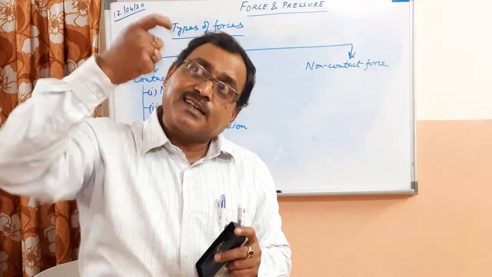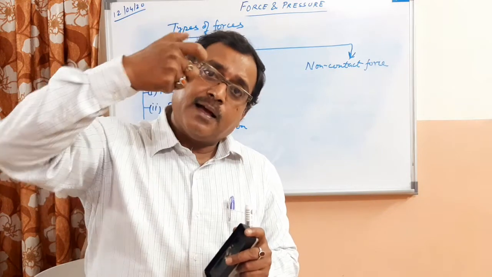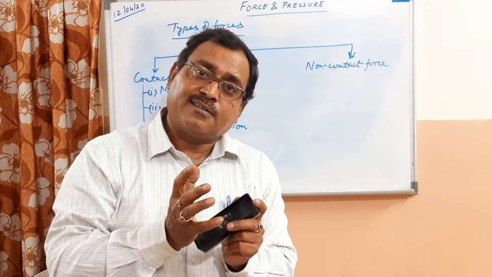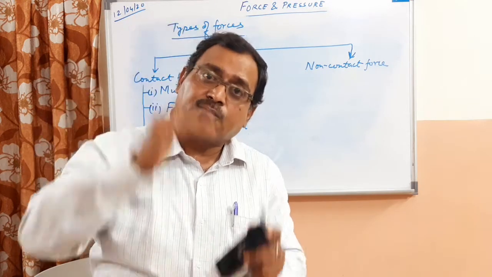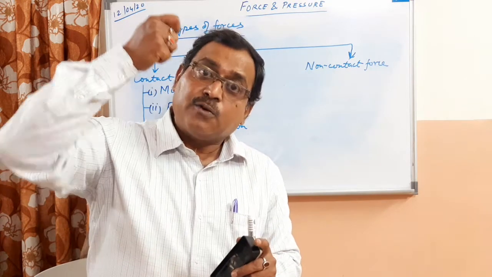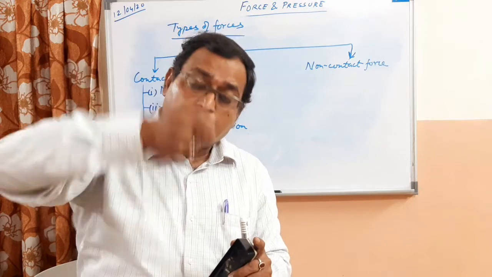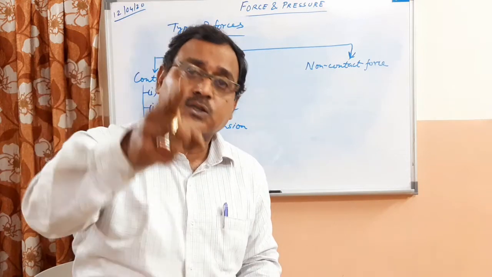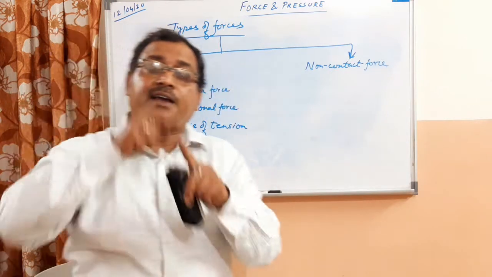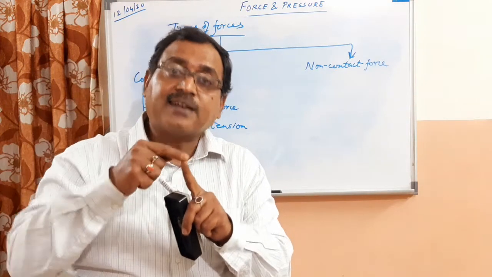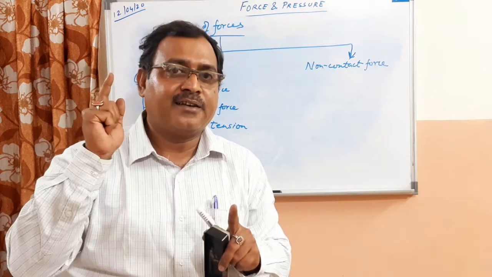So a force is exerted by the string on the bucket or on the earthen pot, due to which it is not falling. So this force by which the string, the rope or the chain is pulling the bucket is called force of tension. It is also an example of contact force because both are in contact with each other.